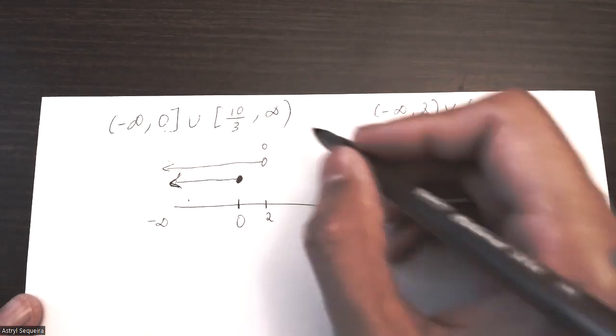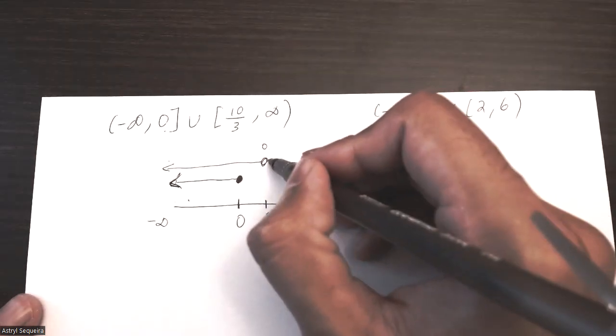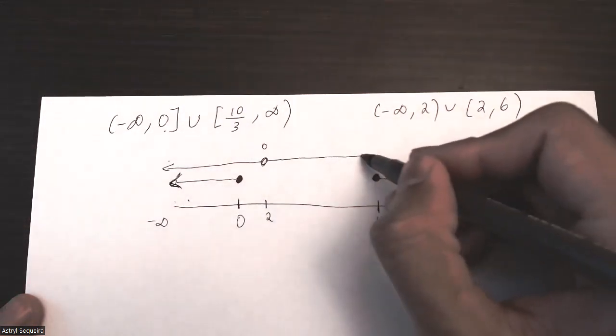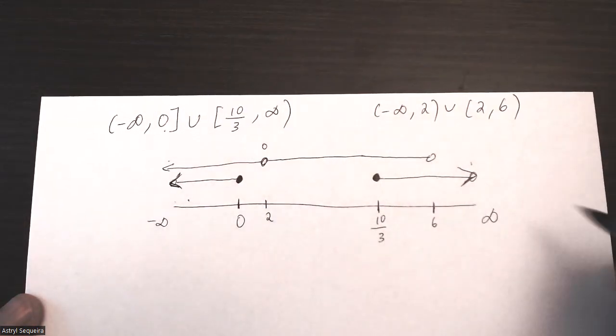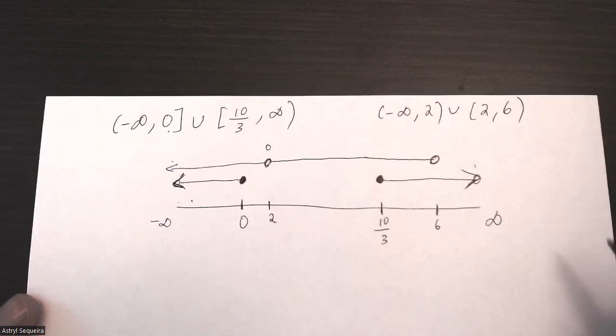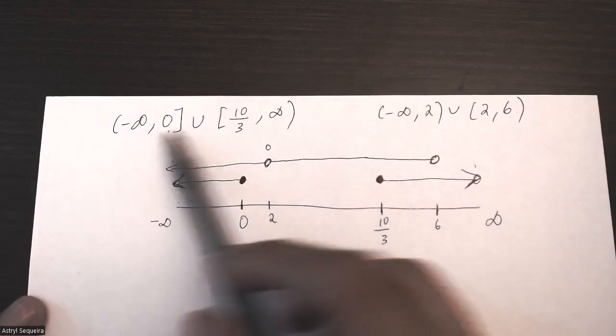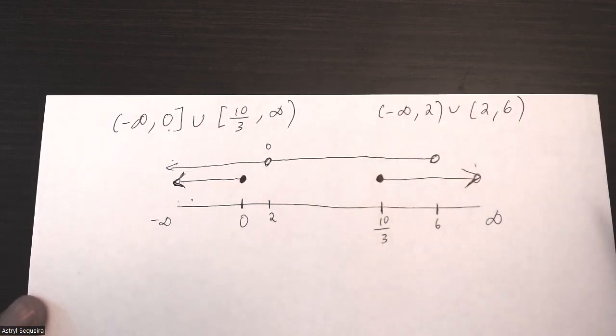Well, I can actually draw it on top of it like this. And then like this. So the bottom line is my first interval. The top line is my second interval. Where are these overlapping? That's basically going to be your final solution.